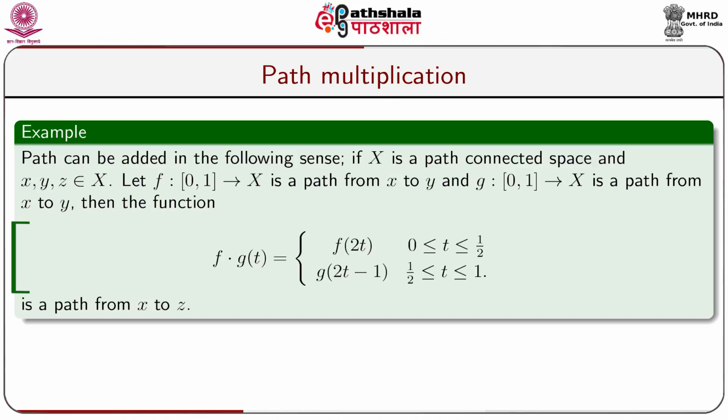This path may be called the joining of f and g or the multiplication of f and g, and will usually be denoted by f · g.